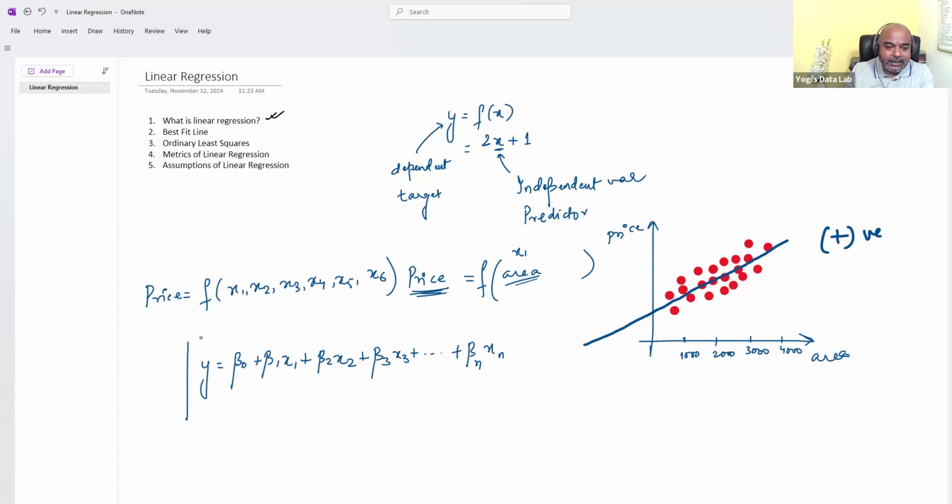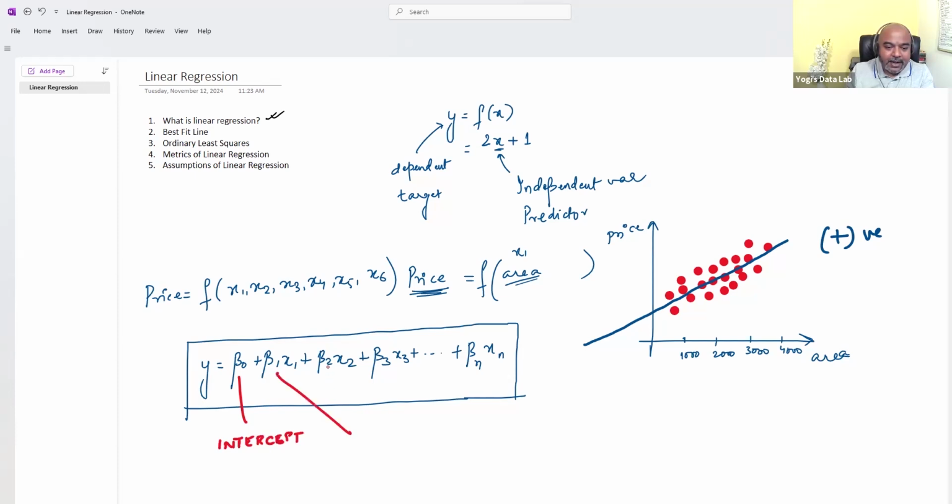So this equation that you see over here is the equation of linear regression, where this is your intercept, and these beta values are your coefficients, which we also call slope for their respective independent variables. So this equation is what we have to identify given historical data.